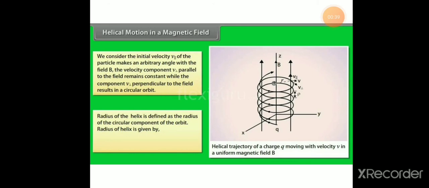The net result is that the particle will be executing a helical motion. The radius of the helix is defined as the radius of the circular component of the orbit.